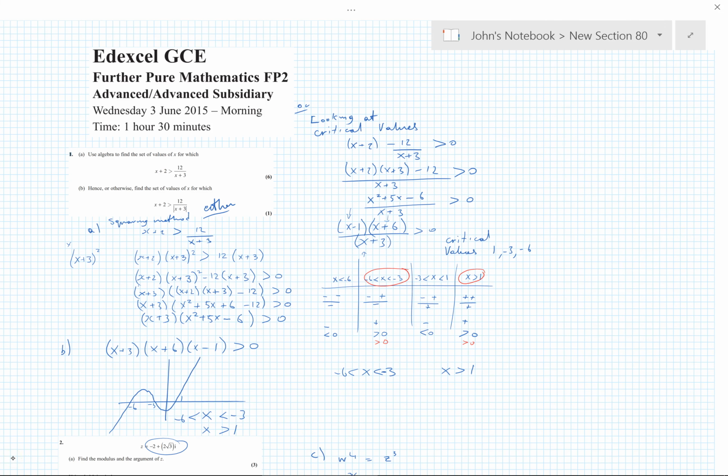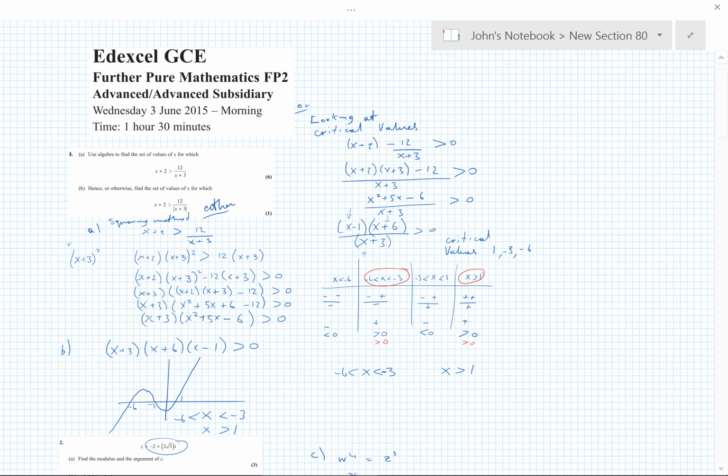So now we've done every question. I just thought it might be good to reflect back on the whole paper that we've done over the 2 videos. First one, we preferred the squaring method, I think, although I did offer the alternative critical value approach using a table, which I quite like with certain questions.